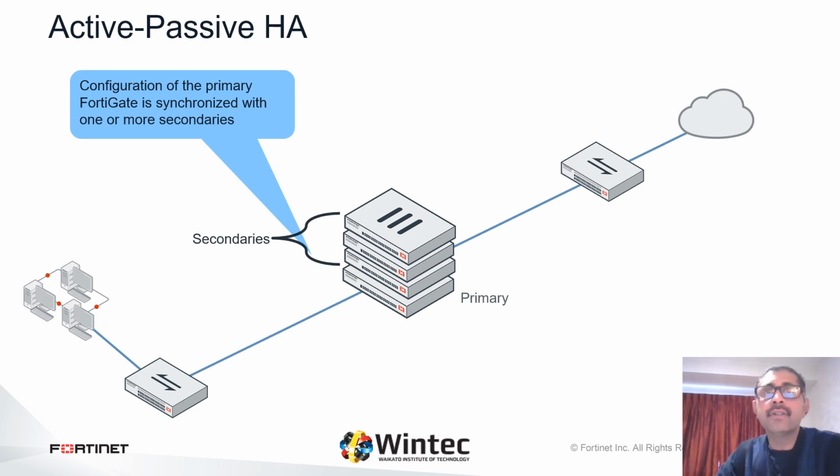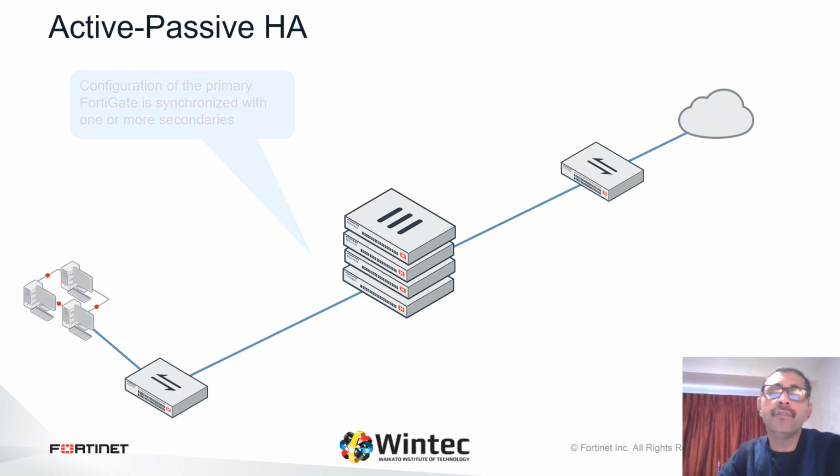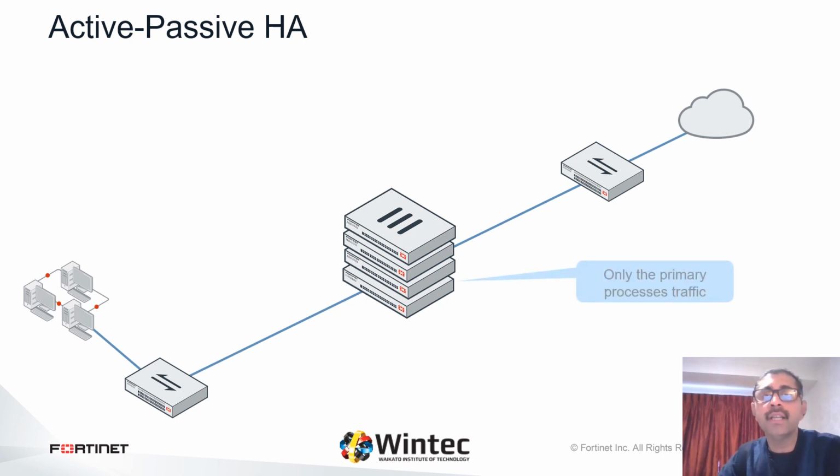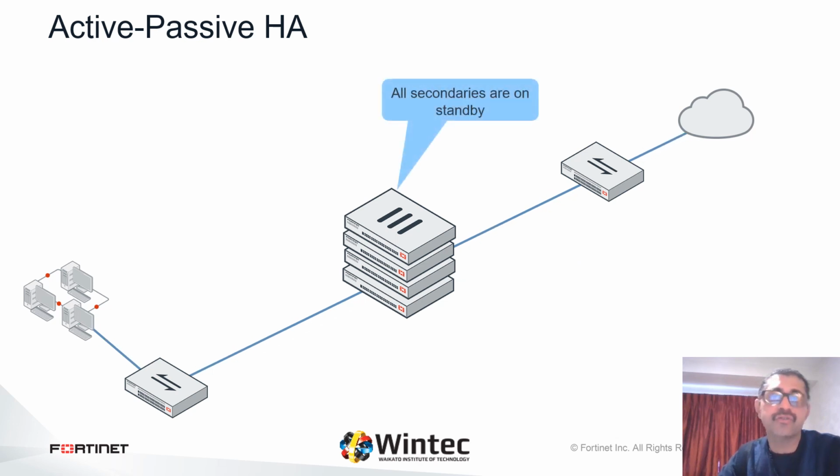Now let's first look at the active-passive mode. In either of the two high availability operation modes, the configuration of the secondary FortiGate device is synchronized with the configuration of the primary device. Now in active-passive mode, the primary FortiGate is the only FortiGate device that actively processes traffic.